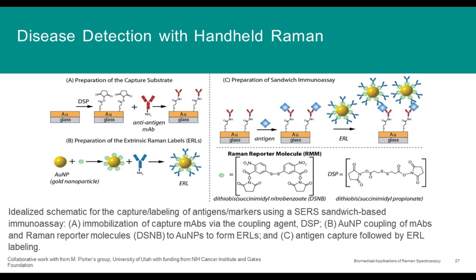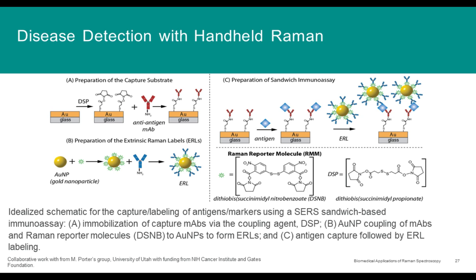That's the little green picture that's shown on the lower left-hand corner. And then they added the secondary antibody to that as well. So the nanoparticle, the Raman reporter, and the secondary antibody all make up that extrinsic Raman label.